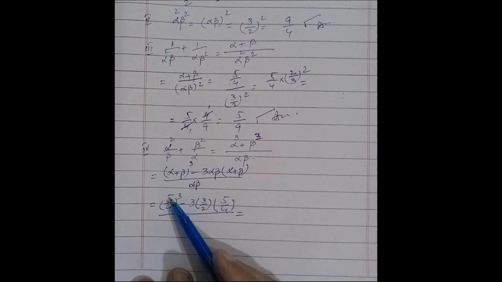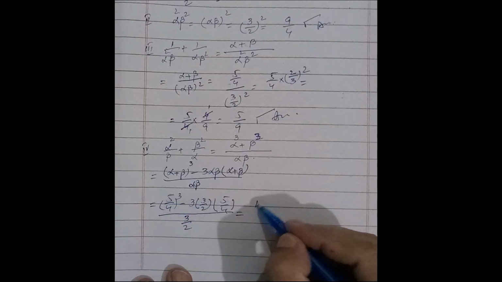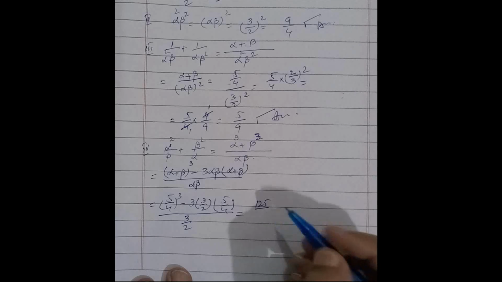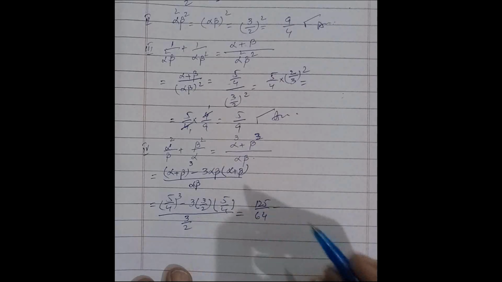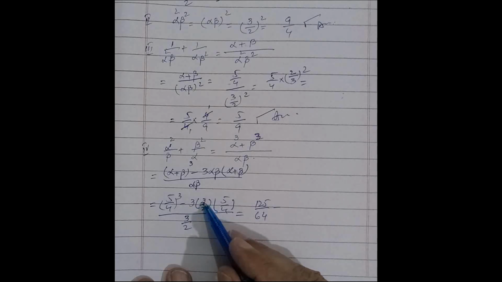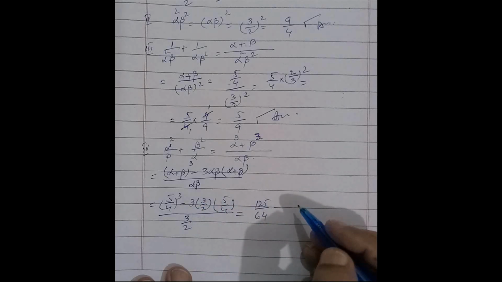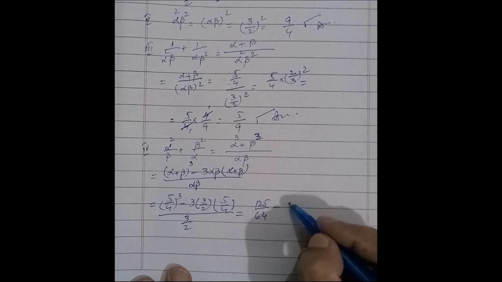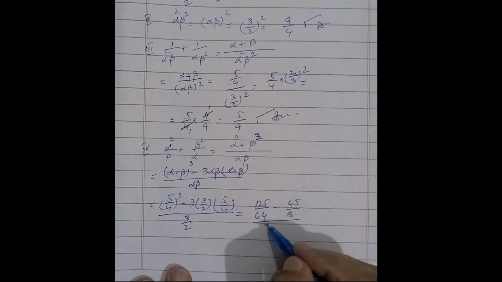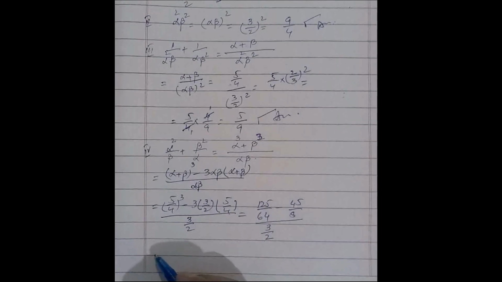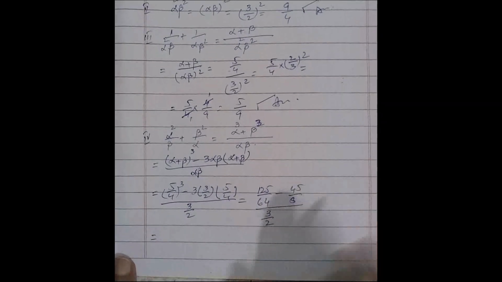Take cube of 5 over 4, we get 125 over 64 minus 3 3s are 9, 9 5s are 45 over 8, over 3 over 2. Now we simplify these values.